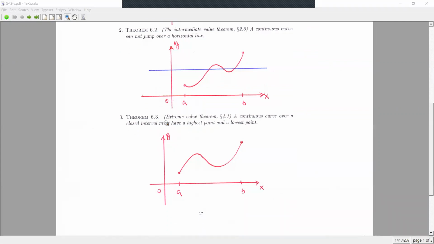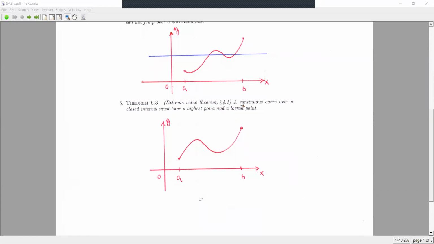The third theorem is extreme value theorem in section 4.1. It says that a continuous curve over a closed interval must have a highest point and a lowest point.